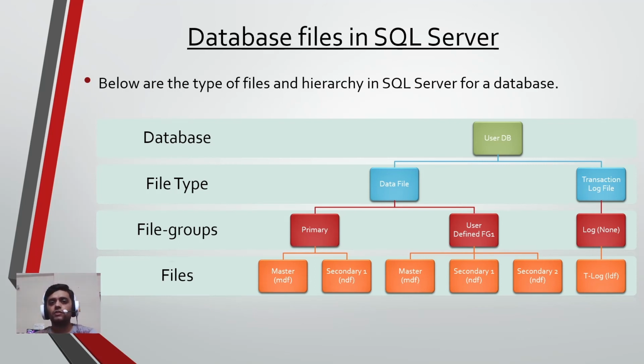One property I would like to discuss about your transaction log files is that, unlike your data files, they are continuous in nature. By that I mean you can have more than one transaction log file. Yes, you can. But let's suppose I have two transaction log files. What SQL Server does is that once your first transaction log file gets full, then and only then will it move to your secondary transaction log file.